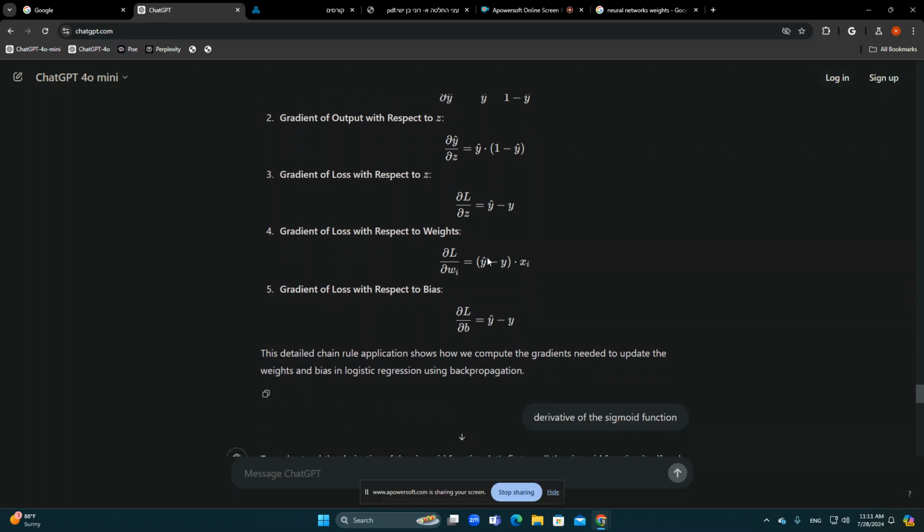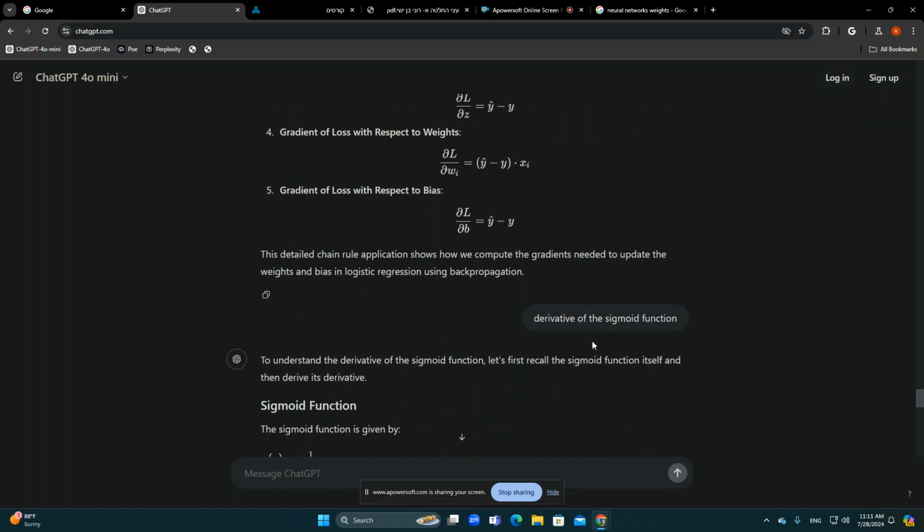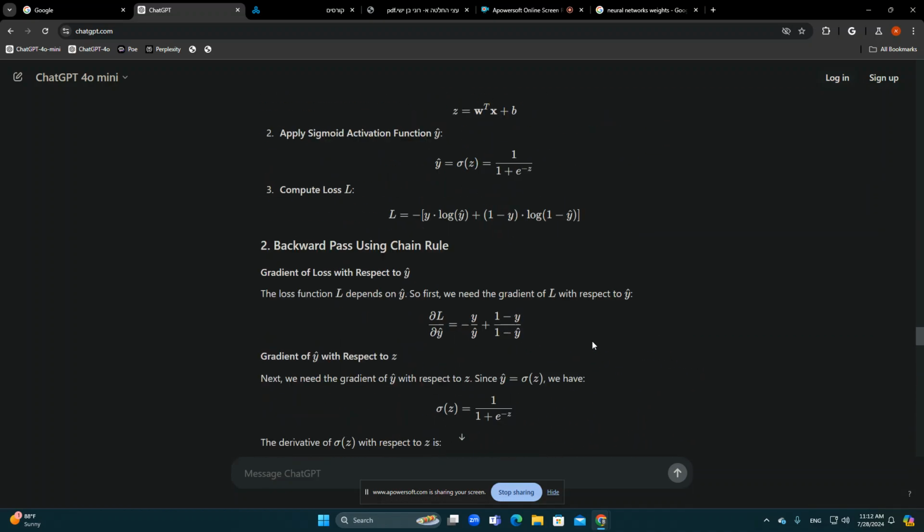And we can also take this and multiply that one by the derivative of z with respect to b, which is 1, and then we get what we want: the derivative of the loss function with respect to wi, and the derivative of L with respect to b. Okay, so this was the chain rule.